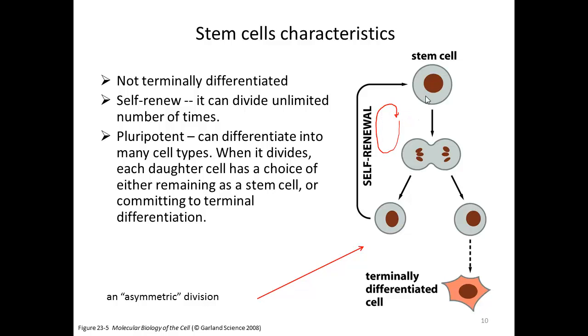In addition to this self-renewal, which we had talked about in the previous slide, where stem cells are capable of dividing indefinitely, regenerating themselves, they also have this potential for a division called an asymmetric cell division. It's called asymmetric because the 2 cells which divide are going to be genetically identical, but they will become phenotypically different.